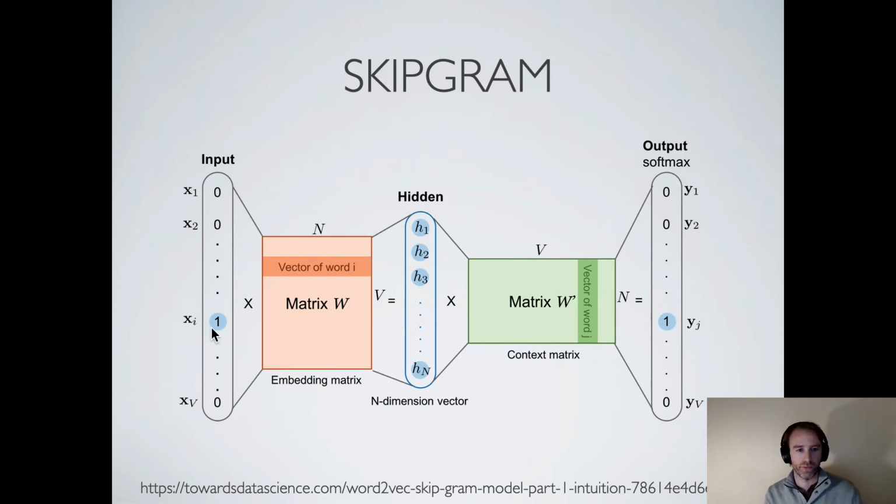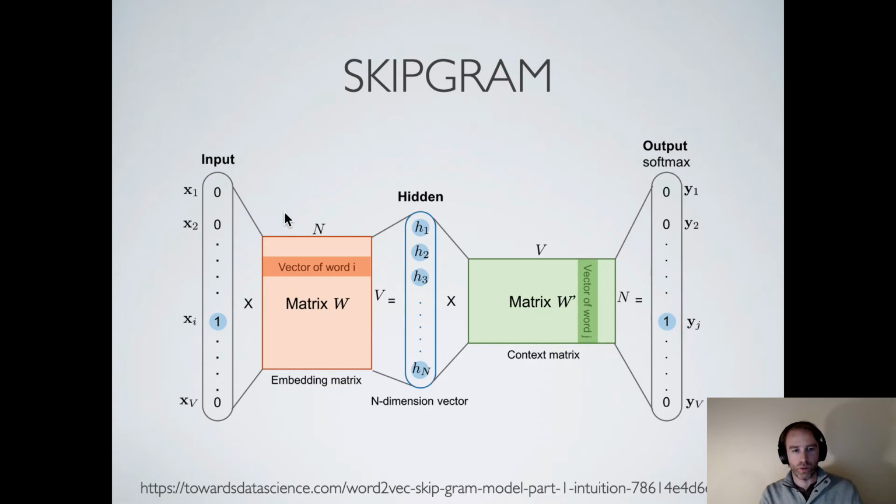For instance, if this corresponds to the position of fox, I multiply by this matrix where each row corresponds to one word, and each column corresponds to one dimension of the embedding I want to obtain.